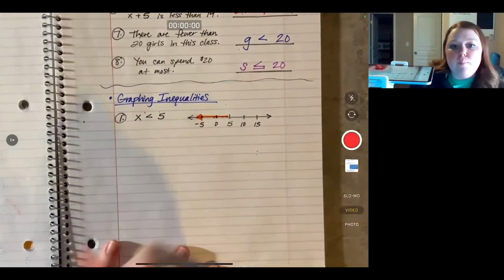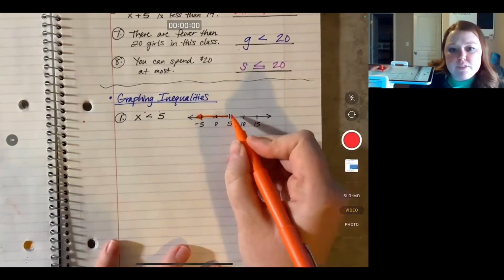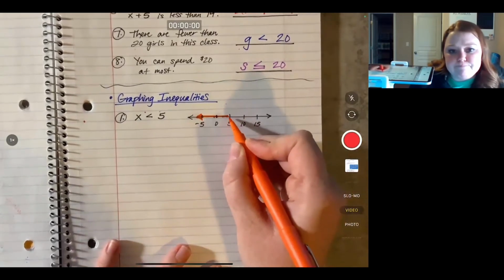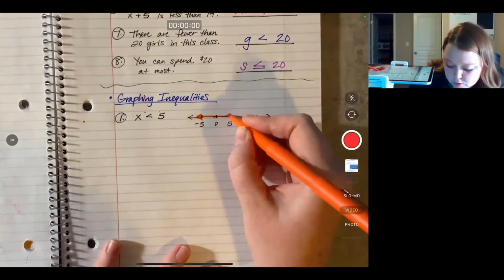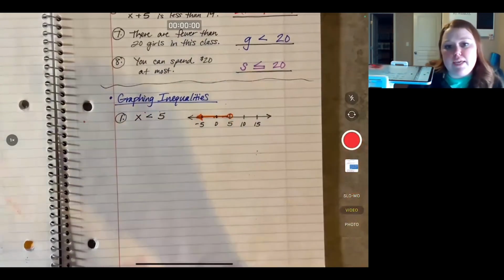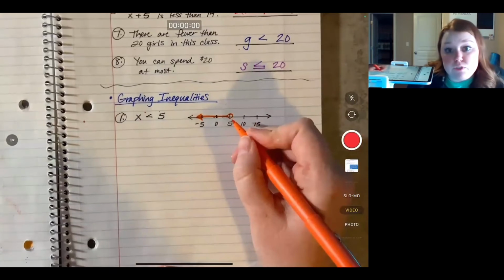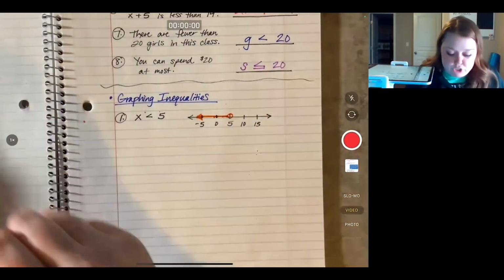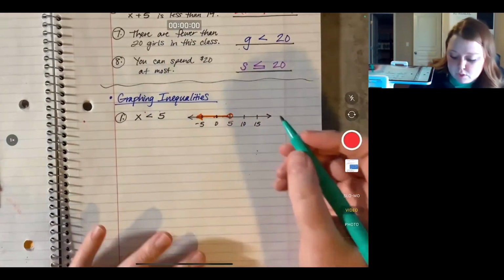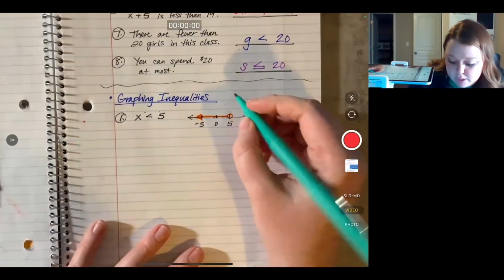Okay? But there's got to be some sort of symbol at 5. And we put a circle. We put a circle at 5. Now, notice I kept it open. And that's important. Do not shade it in yet. Okay? There is a difference between a shaded in circle and an open circle. And you're going to make yourself a little chart right here.